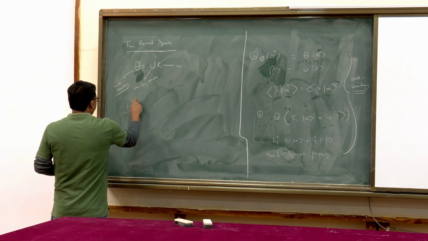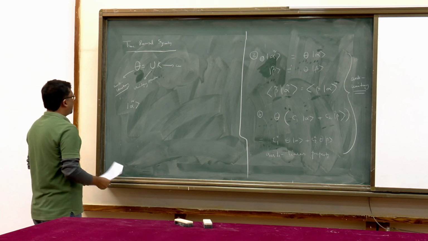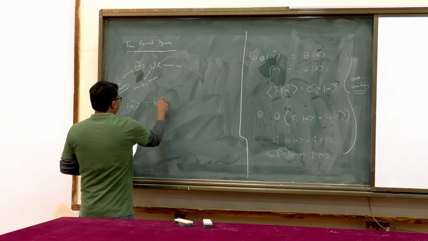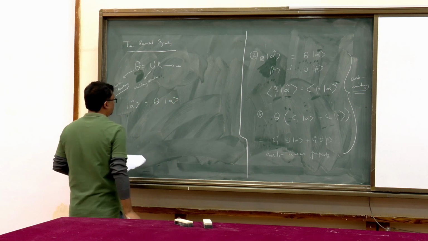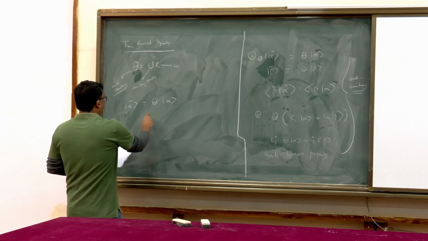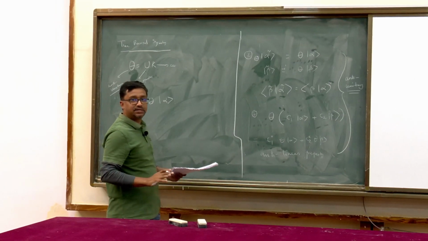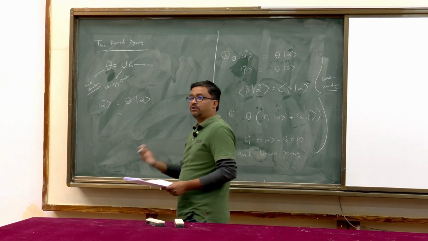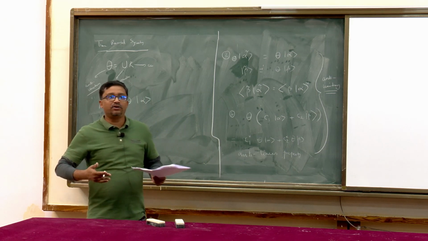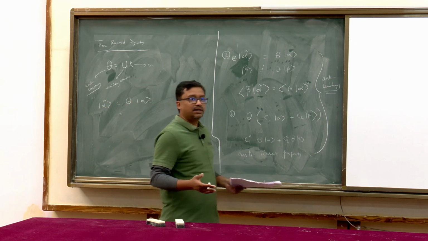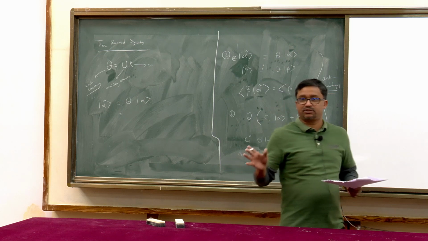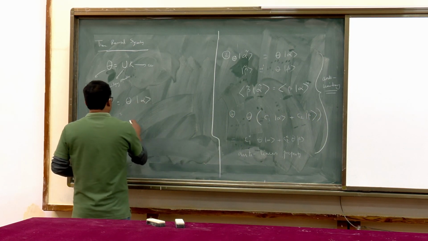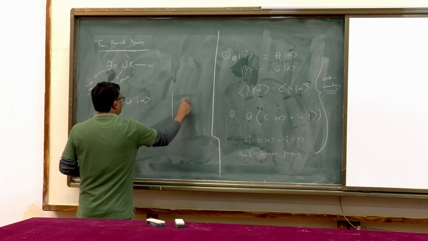So, the way we will proceed, let us say I start with some transformed ket, which is defined as theta alpha, and we will expand that in some basis, because what we know is that complex conjugation actually works on scalars. How do you get scalars? You get scalars by expanding in some basis. So, the coefficients would be scalars. Okay. So, let us say our basis is A prime.